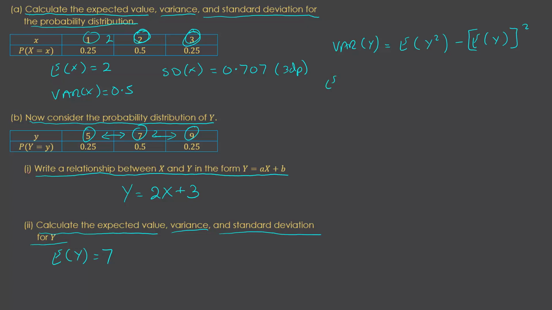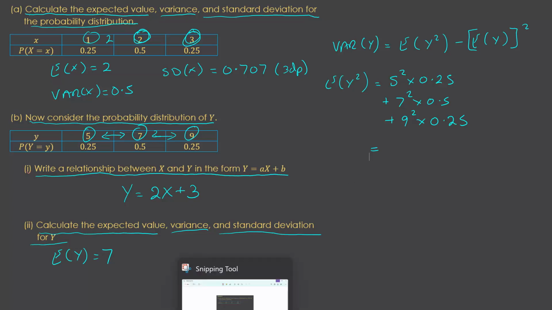And the expectation of y squared is going to be 5 squared times 0.25 plus 7 squared times 0.5 plus 9 squared times 0.25.